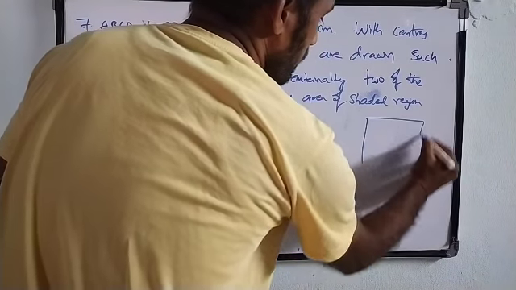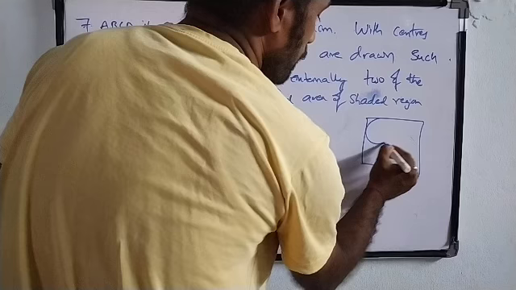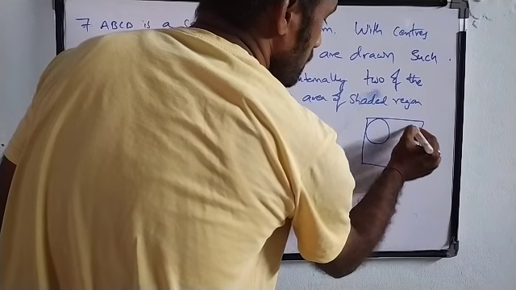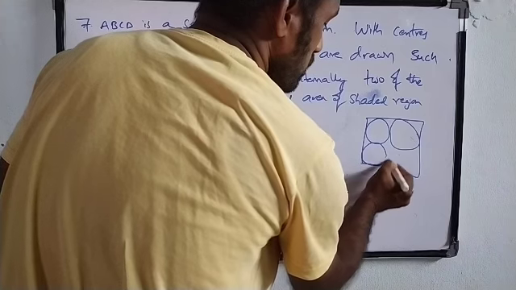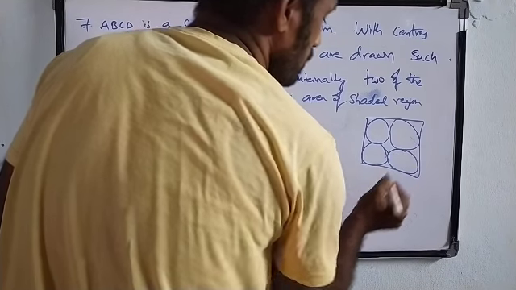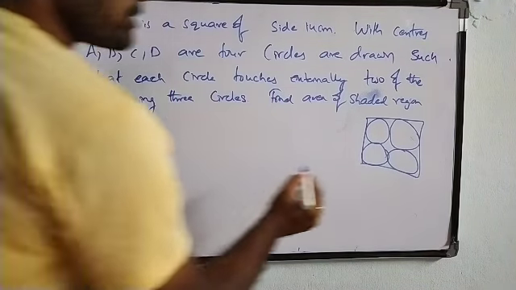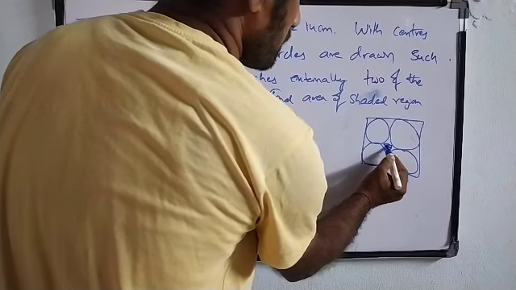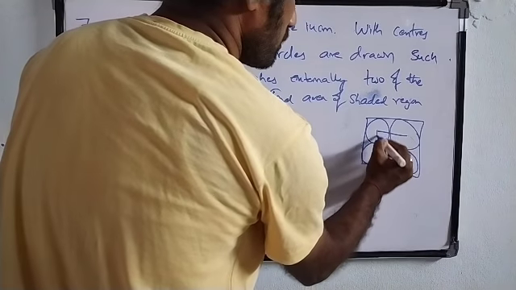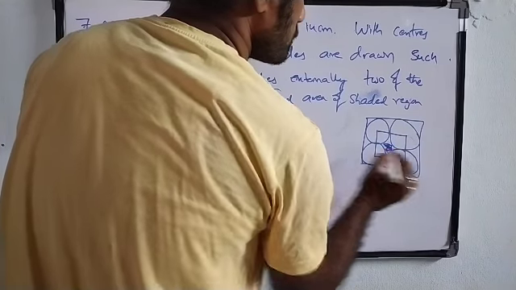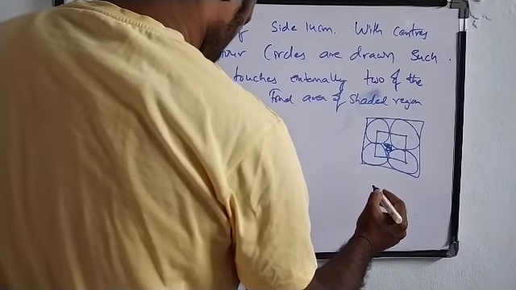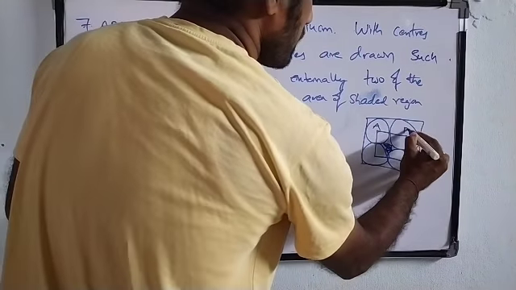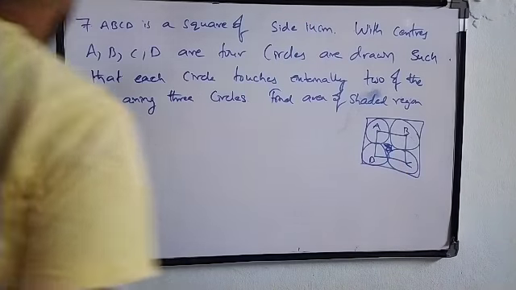So there is a square in which there are 4 circles. So we need to find this region area. So this is the square, which is ABCD.